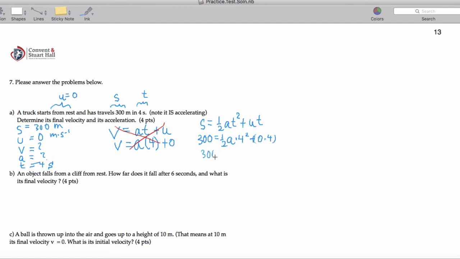When I simplify this, I can use the commutative property, the associative property and PEMDAS. That's going to give me 8 times a. I'll divide both sides by 8, and so I get 300 divided by 8 as my acceleration. Let me actually simplify that. So that's 37.5 meters per second squared.